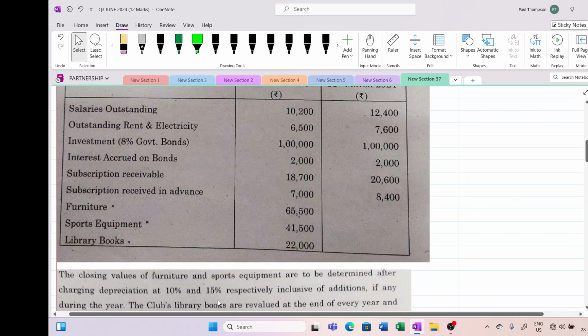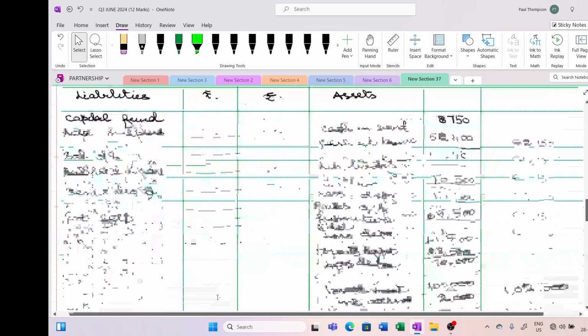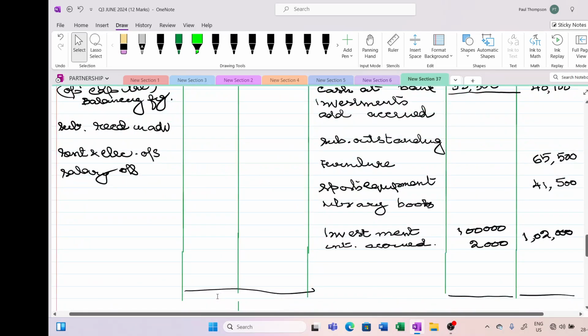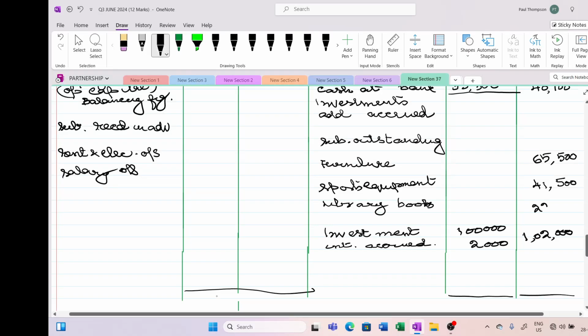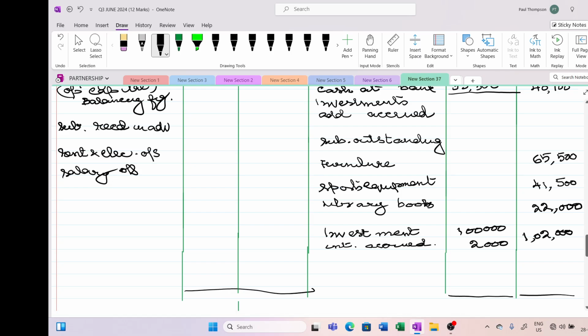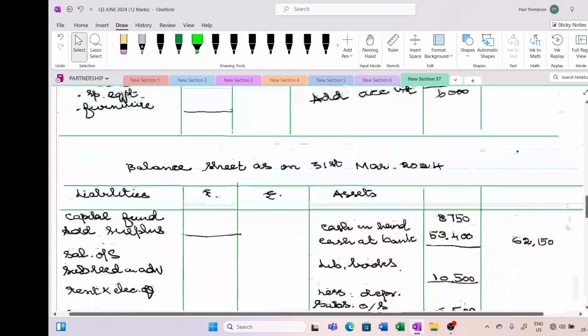So now library books. Library books was available 22,000. Here it was 22,000. Okay. Furniture, subscription outstanding. We have to write it last year and current year also.